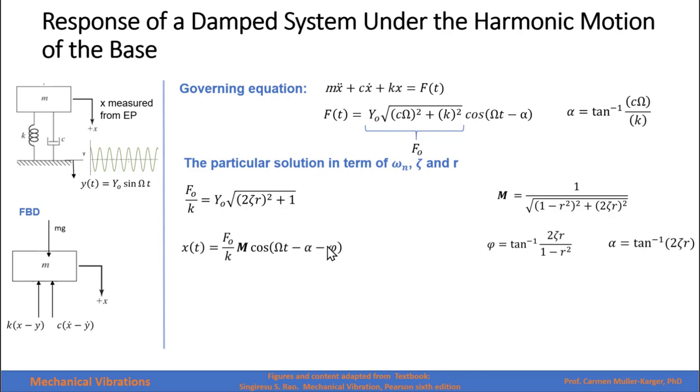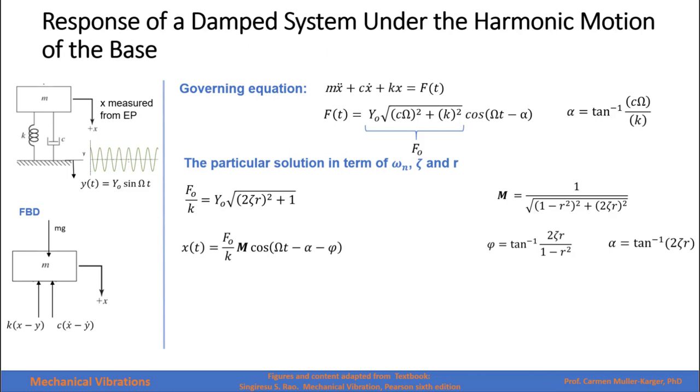You recall that when we had this type of excitation, our response was the static deflection times the magnification factor, and this is the magnification factor. We can also write the phase angles in terms of omega n, zeta, and r with these expressions.